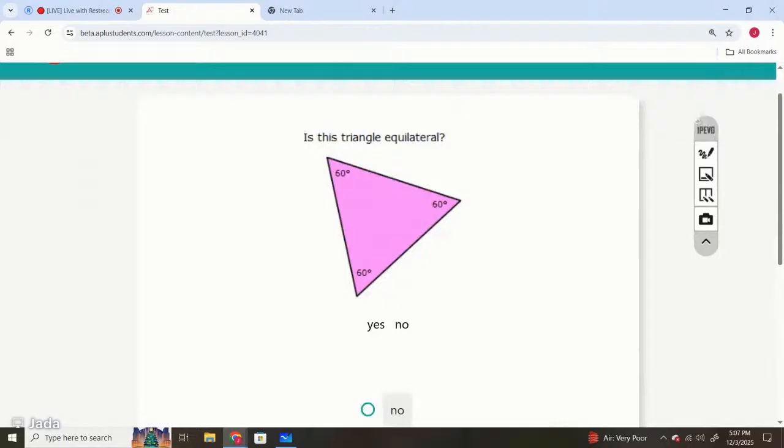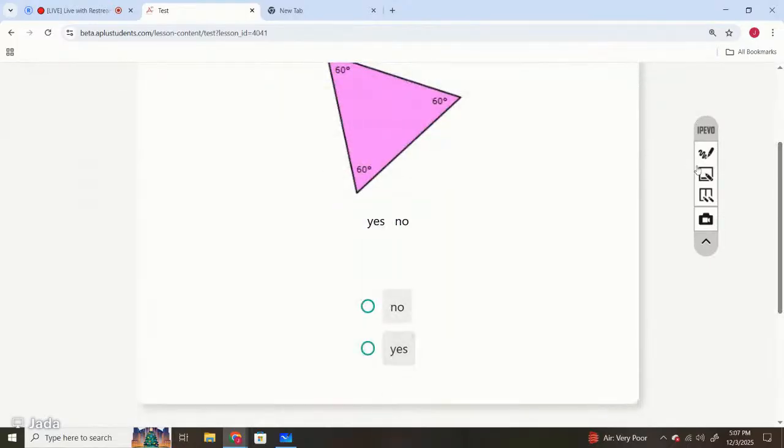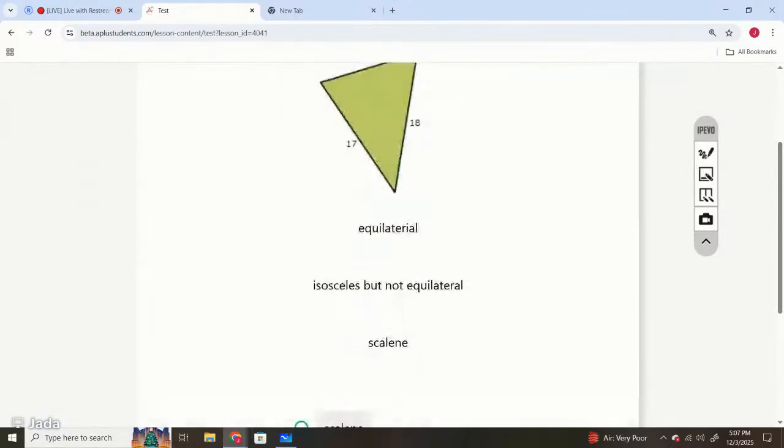Is this triangle equilateral? Yes, it is, because all the angles are exactly equal. So that is the equilateral triangle.